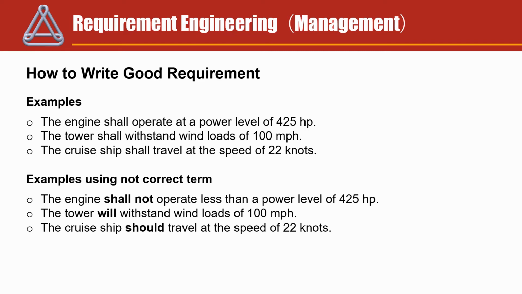Or maybe you can only do 2 knots, and so that's way off from the 22 knots. But if 22 knots is the minimum, because let's say it needs to travel from one port to another port in a specified amount of time, then saying shall specifies that it needs to do that, and any less isn't going to work for the design.